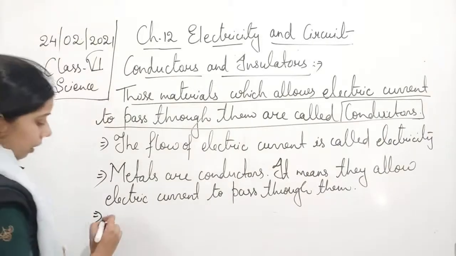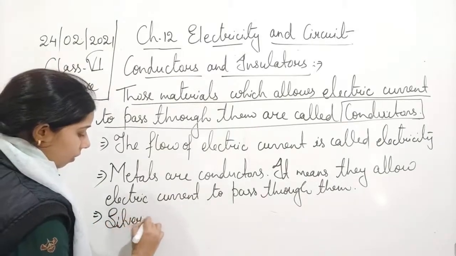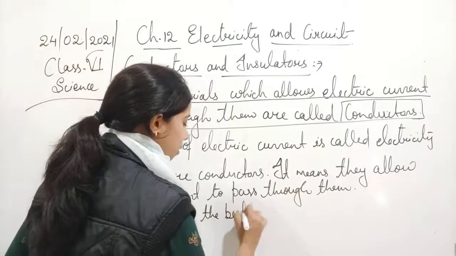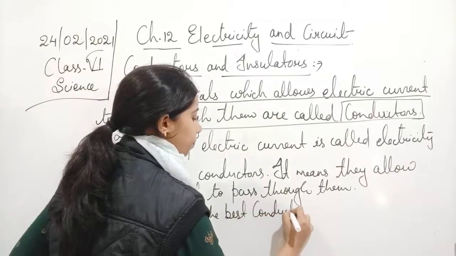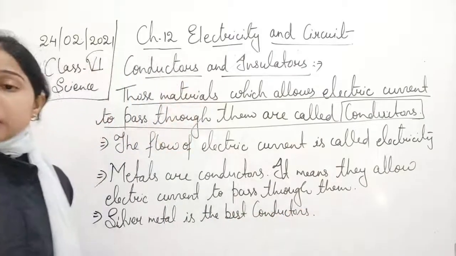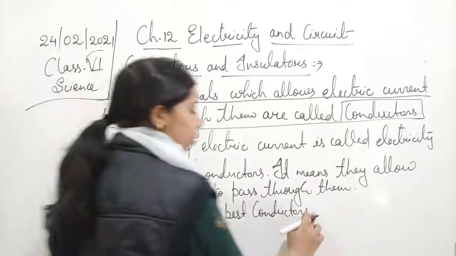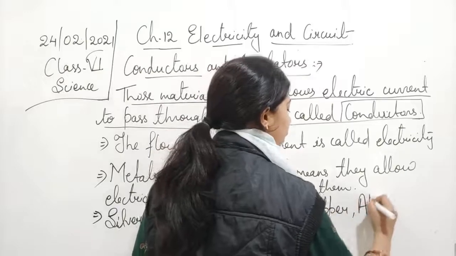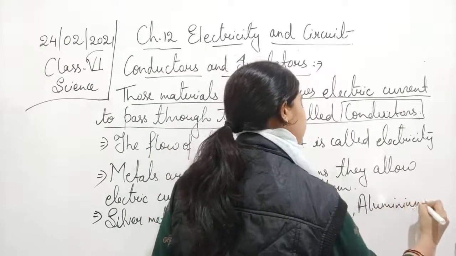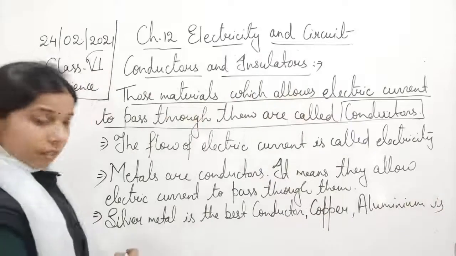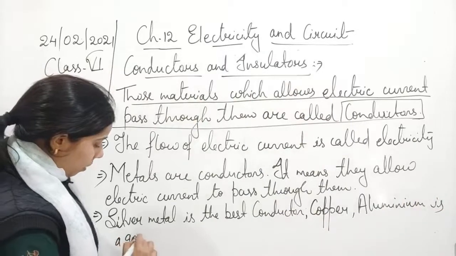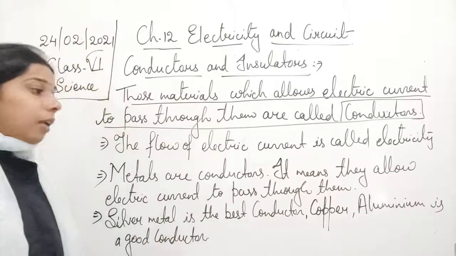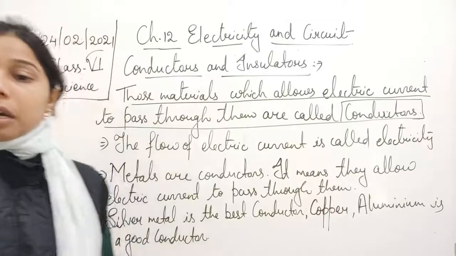So we can write that silver metal is the best conductor, although copper and aluminium are also good conductors. Copper and aluminium are supposed to be good conductors.